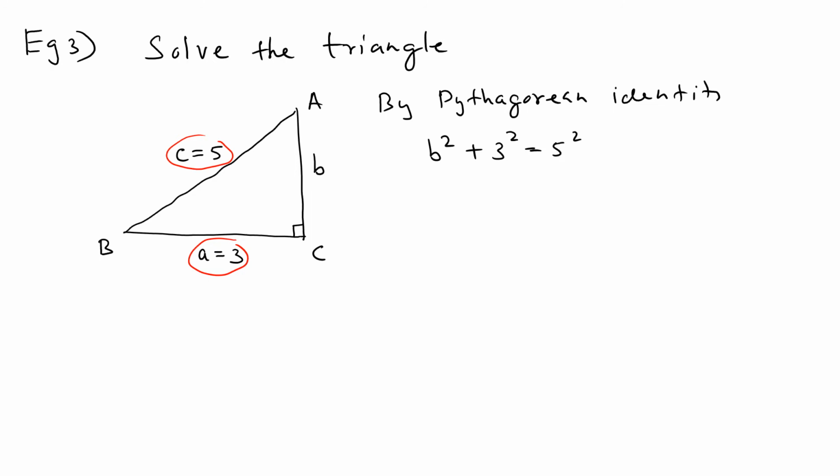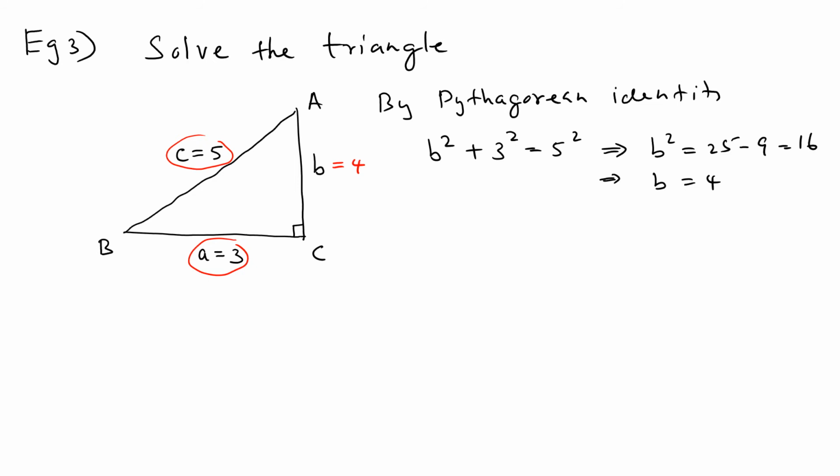So this says that b squared is 25 minus 9, which is 16. Since b is positive, b is 4. So we get the value of b, which is equal to 4.